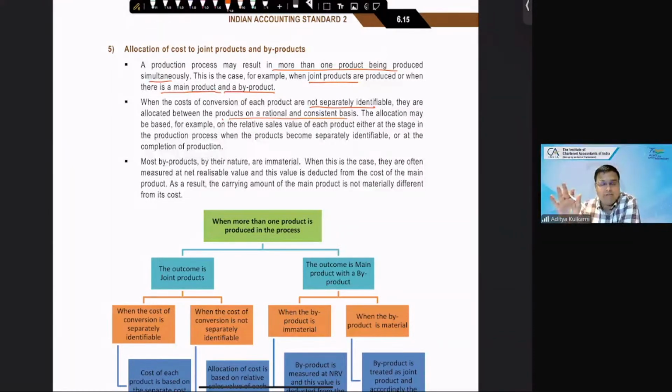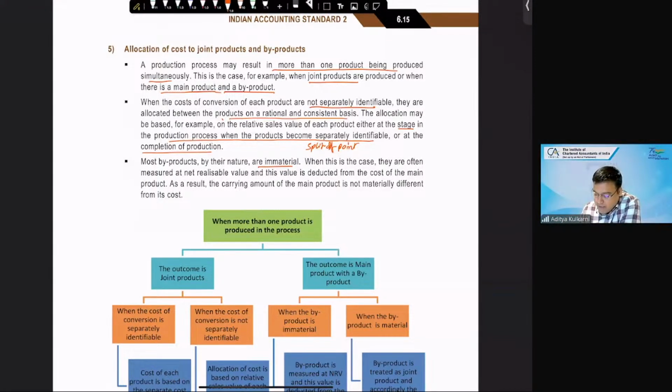It is irrational. The allocation may be based, for example, on the relative sales value either at the stage when the products become separately identifiable. We call this the split off point. At this stage, they are separately identifiable, or at the completion of production. Most byproducts are immaterial by nature.